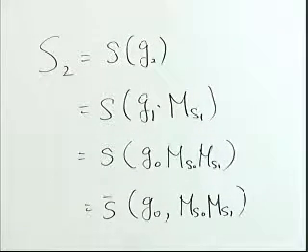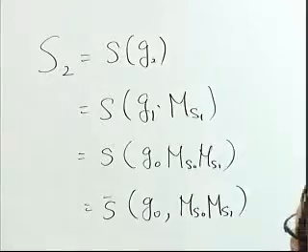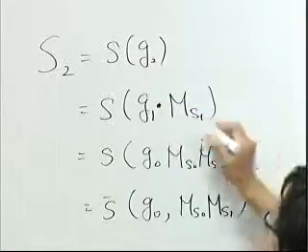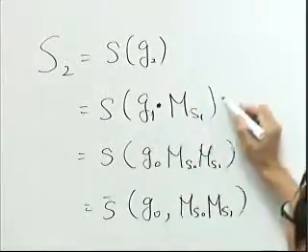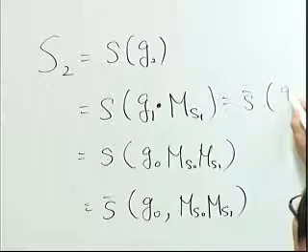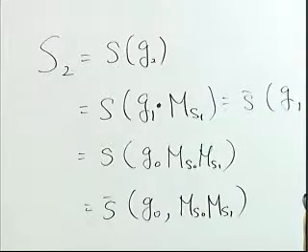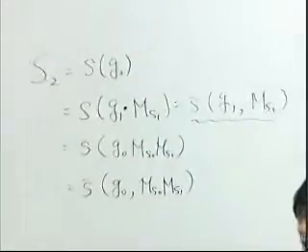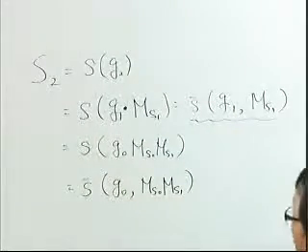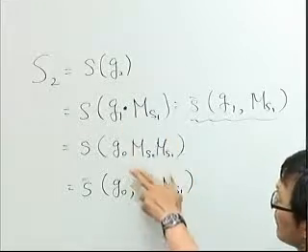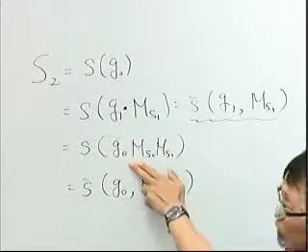We did not compute this G1 element, so we cannot compute G1 MS1 since we do not know G1, but we have an identity. This is equal to this one.